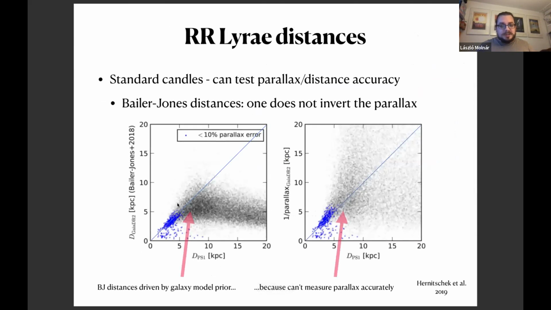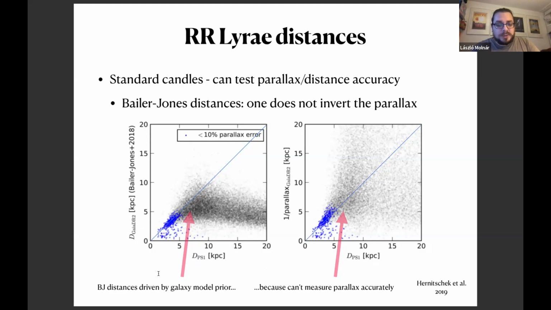And this was tested by the Pan-STARRS team. They compared both the Bailer-Jones distances and the parallaxes to their own statistical parallax for RR Lyrae. Since RR Lyrae are basically pretty much standard candles, we can do this comparison.